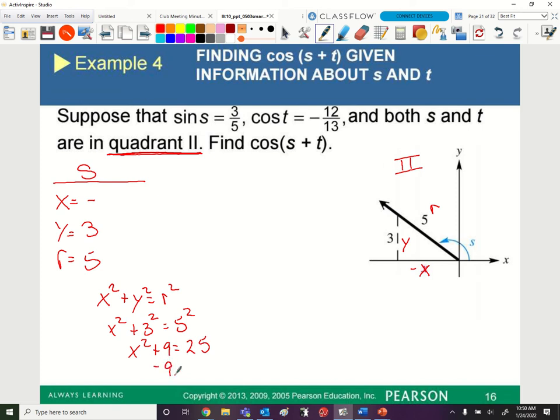Subtract 9 from both sides, and I get x squared is equal to 25 minus 9, which is 16. To undo a square, I'm going to square root both sides, so x equals plus or minus the square root of 16, and in this case 16 is a perfect square, and it tells me over here that in quadrant 2 the x value has to be negative. So this is going to give me that x is equal to negative 4.